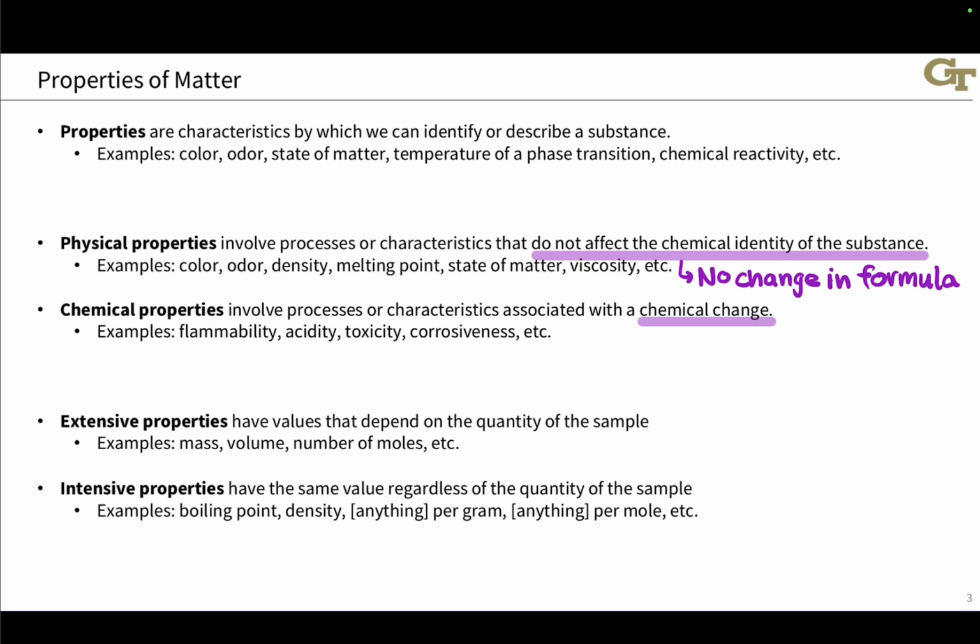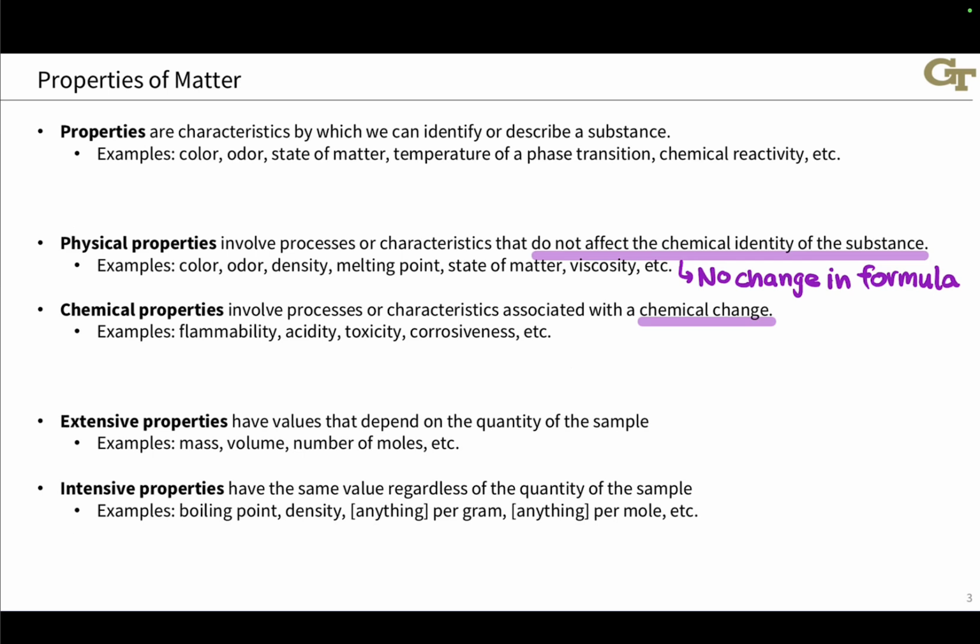And so chemical properties are things like flammability, how easy is it to combust a material, acidity, toxicity, corrosiveness. All of these properties depend on a chemical reaction to some extent and involve the substance undergoing a chemical change to something else. Corrosiveness, for example, might involve an acid eating through metal. Flammability involves a combustion reaction. Acidity involves the transfer of a proton, things like this.